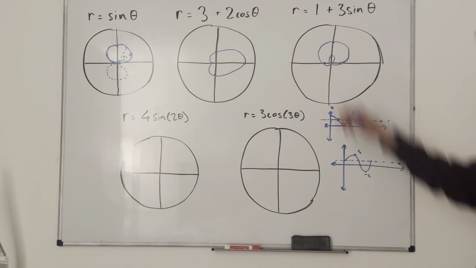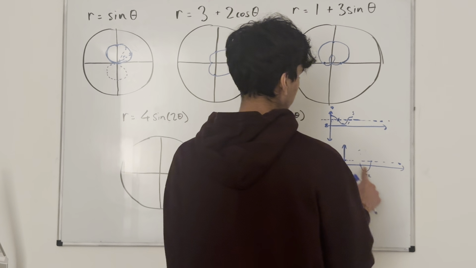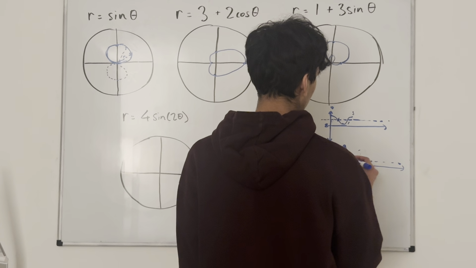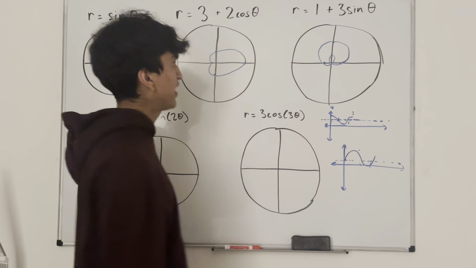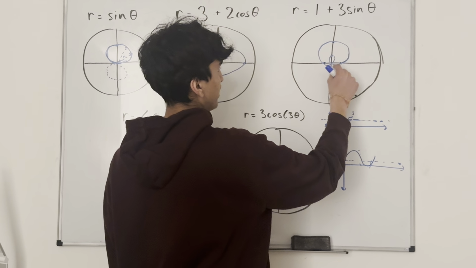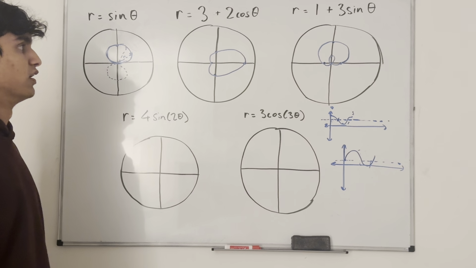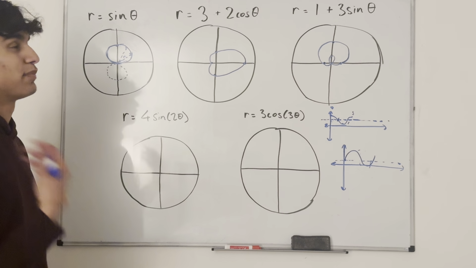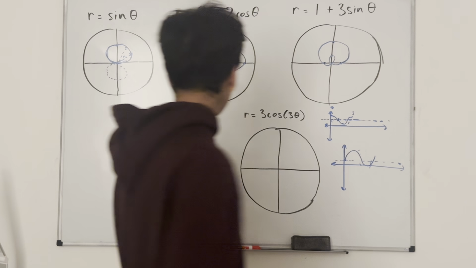If they were equal, if I were to just graph the Cartesian version, you would get a shape like this where it just touches the x-axis. So it would go like this, touch the x-axis, and then go back. So I believe that might be a cardioid. I forget the names. Let's really quickly just go over the petals.